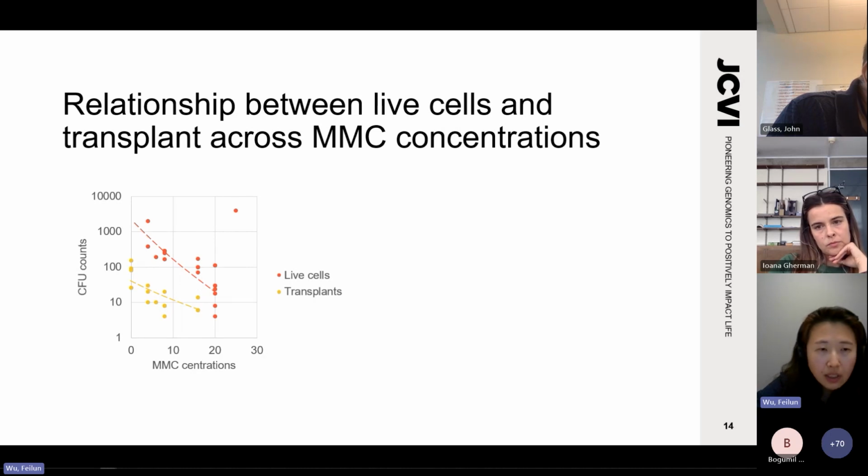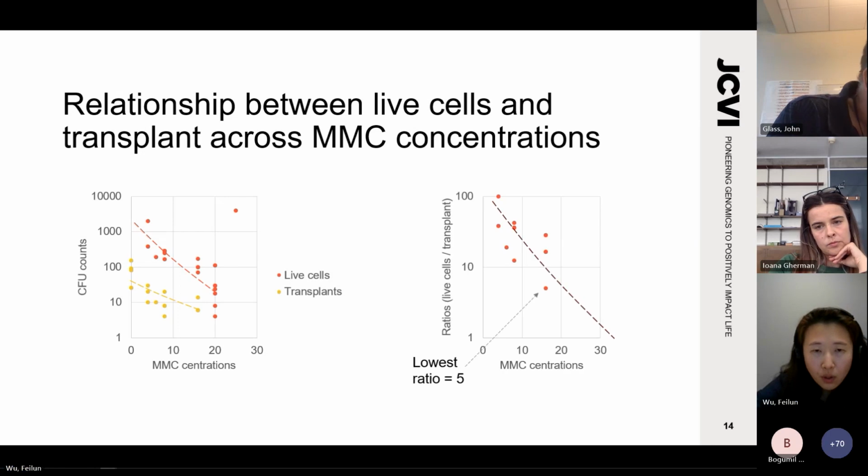And if we divide the two, we do see a very obvious decrease of the ratio. And as you recall, a ratio of 1 is what we're shooting for.